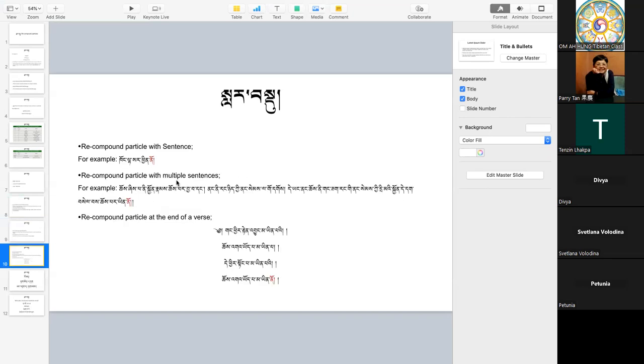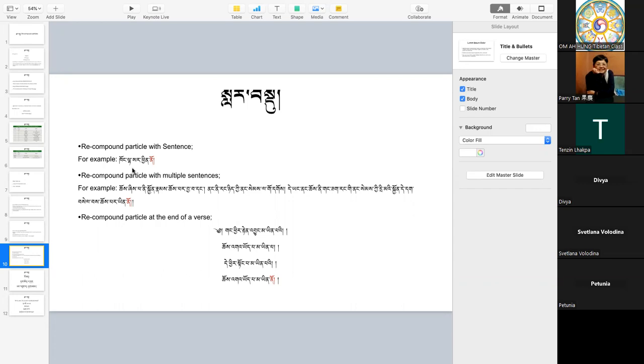Now I have given examples for each of the cases. The first one is recompound particle with a sentence. So if you use it in a sentence: kong hasar chinno. Kong hasar chinno, which means he went to Hasa. And we see the no at the end.